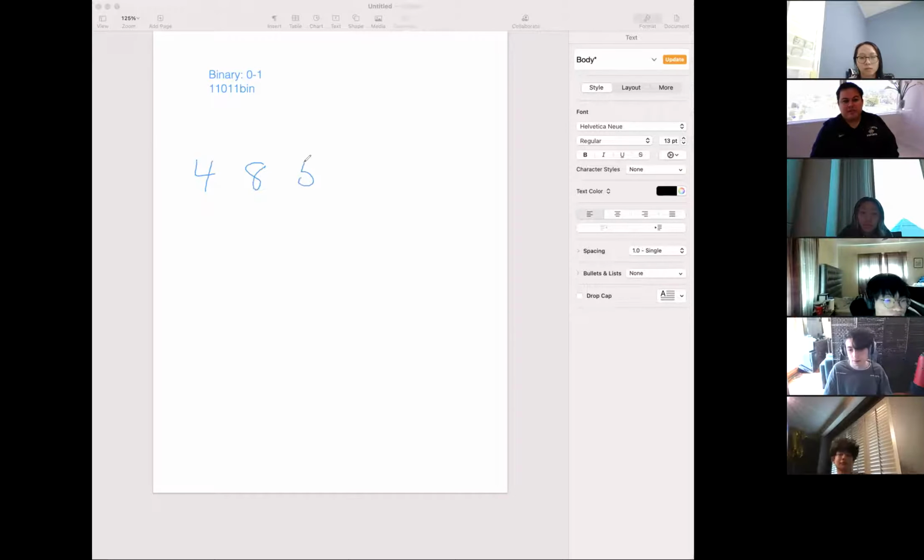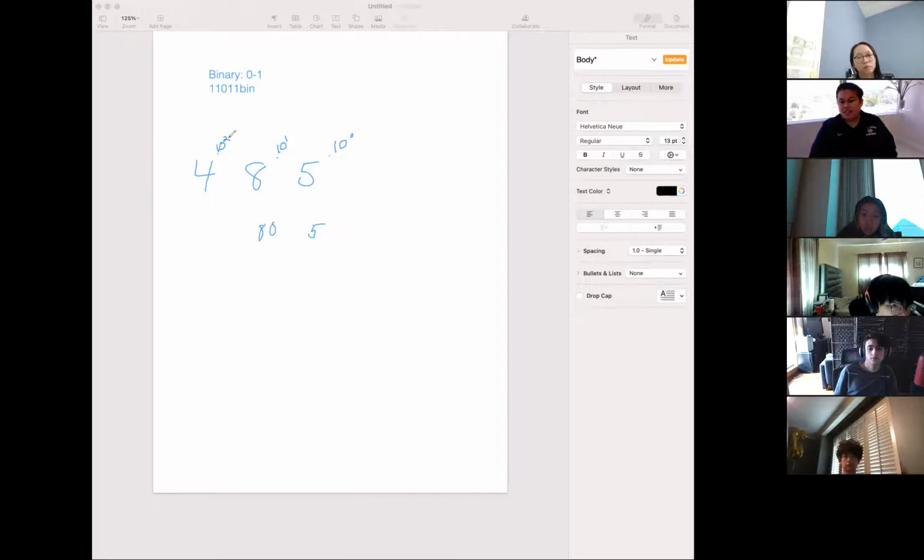So if I do 485, the way that our number system works is I say 5 times 10 to the 0 power, 8 times 10 to the first, and 4 times 10 squared. 10 to the 0 power is 1. 1 times 5 is 5. 10 to the first power is 10. 10 times 8 is 80.